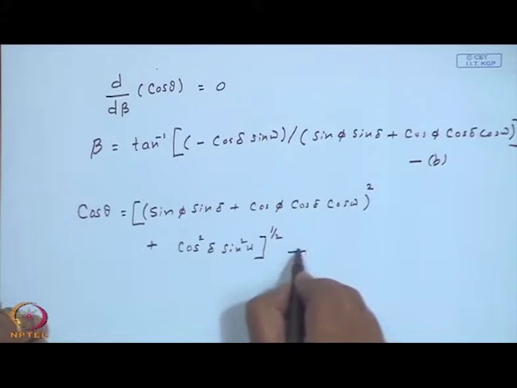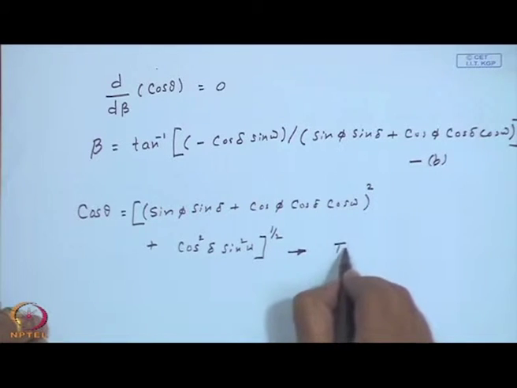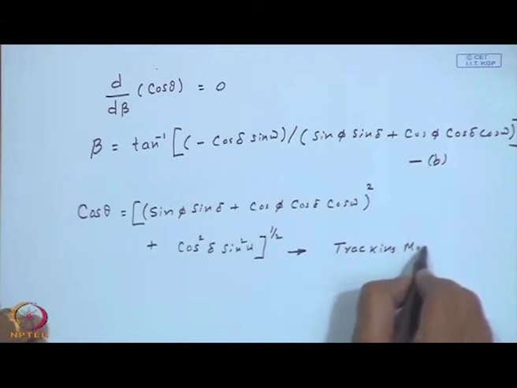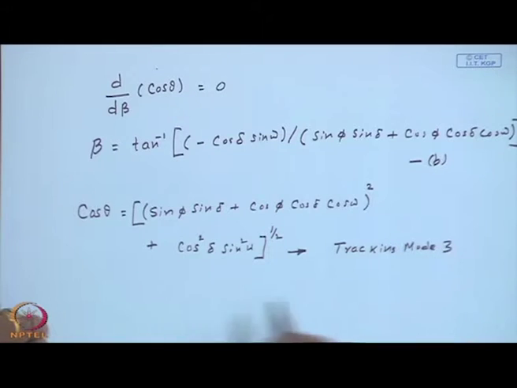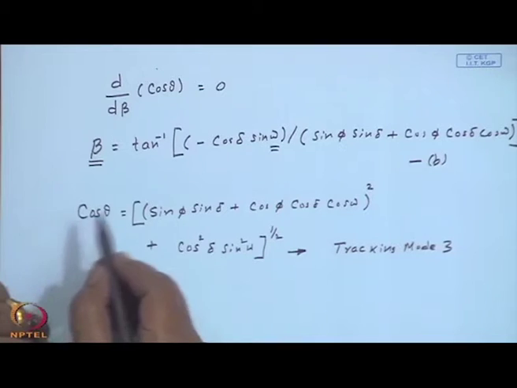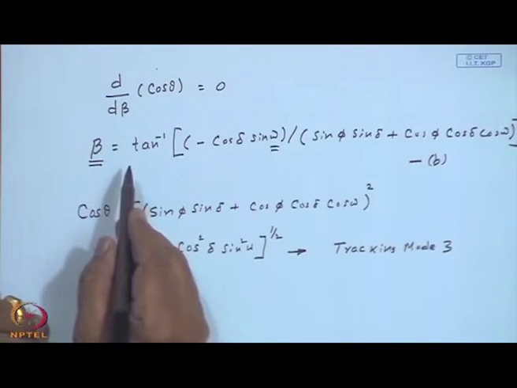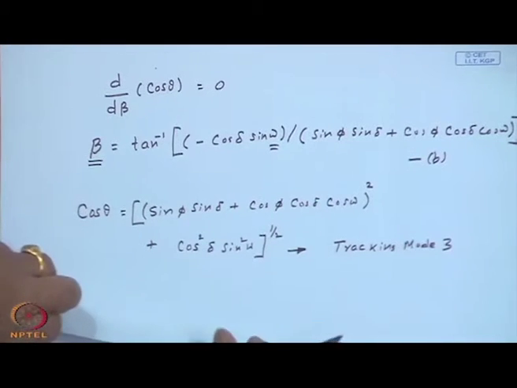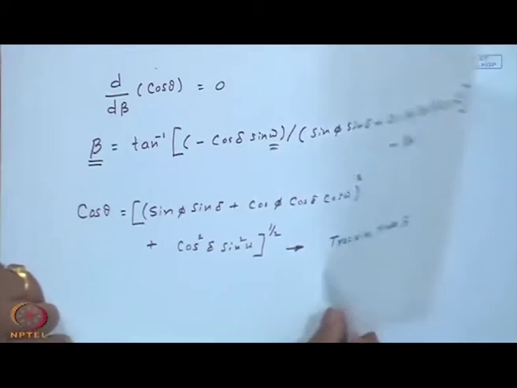So, this is the angle of incidence for tracking mode 3. Tracking mode 3, recall, is a horizontal north south axis turned from east to west to minimize the angle of incidence, for which we get the condition that beta at any instance as given by omega is governed by this, and then you can have a similar exercise putting gamma equal to 0, and you will get a cosine theta angle similar.